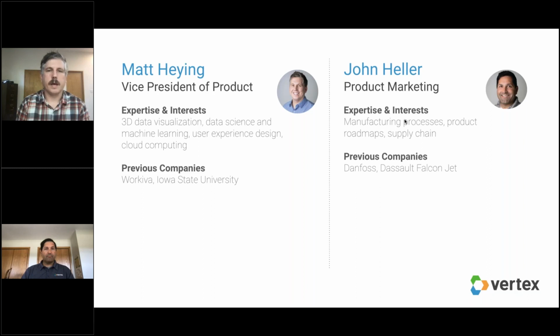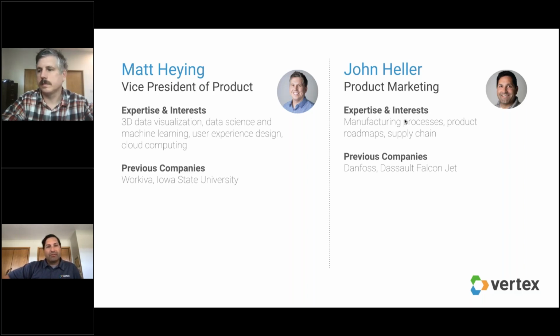And I am also joined here by John Heller. And John, if you could introduce yourself. Absolutely, thanks, Matt. So similar to you, I also have an academic background in mechanical engineering. I've worked for two major manufacturing companies over the course of the last 18 years, one being Dassault Falcon Jet, supplier of private business jets, and then more recently, before joining Vertex, at Danfoss, where we were a tier one supplier to the off-highway mobile equipment industry.